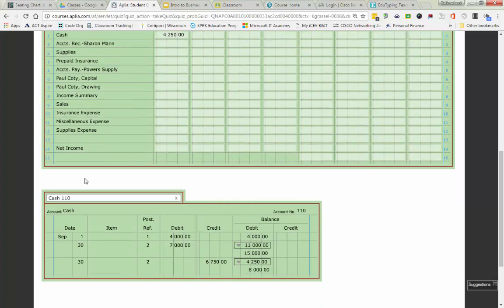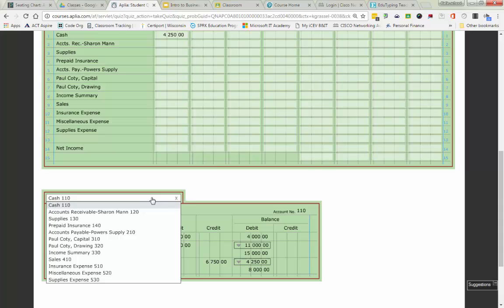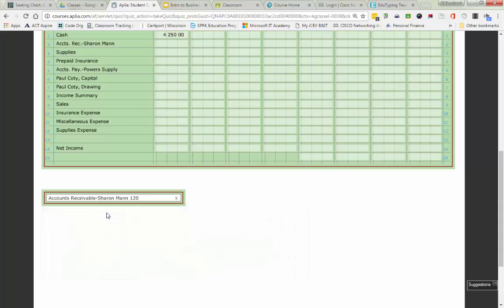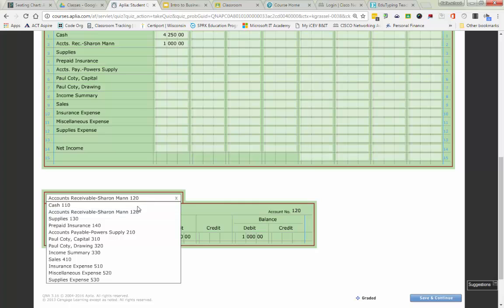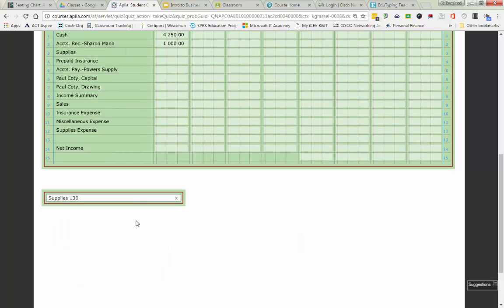So we're going to go through on this bottom ledger for each account and check to see if there's any mistake. Is there anything wrong with accounts receivable, Sharon Mann? I think it looks pretty good. So I'm going to give her a balance of $1,000 as a debit. I'm then going to go to account number 130, which is supplies.